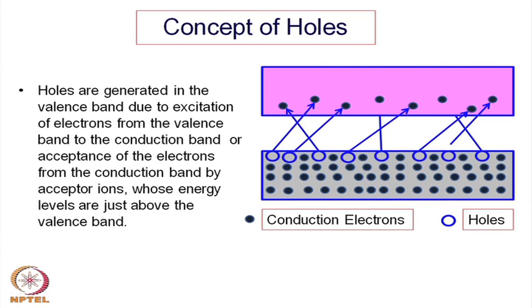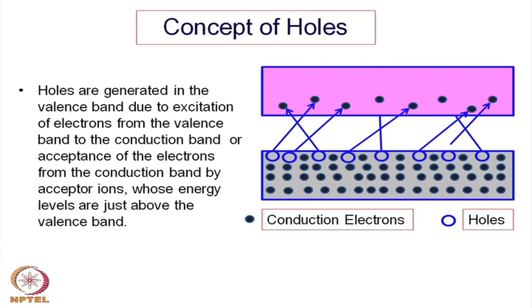We can talk about hole concentration, electron concentration, electron mobility, hole mobility, and so on. So, holes are for all practical purposes a second variety of species which can transport charges in the system.